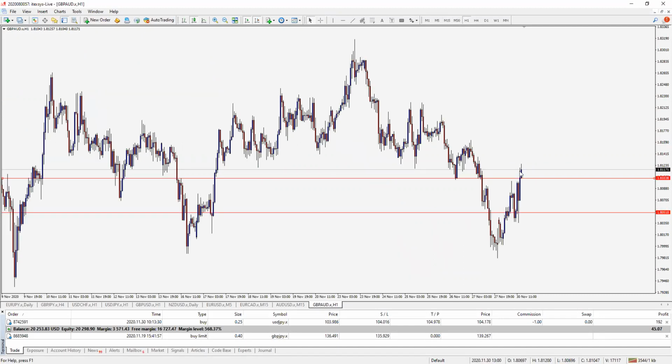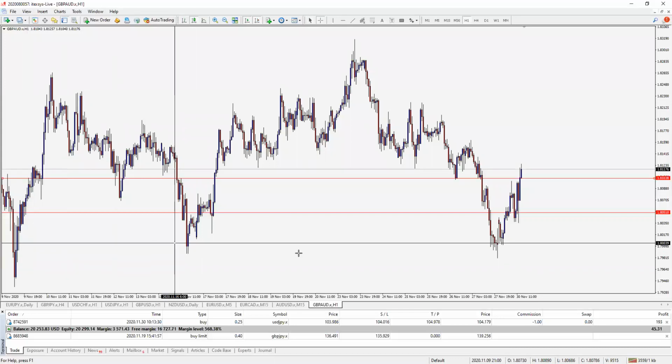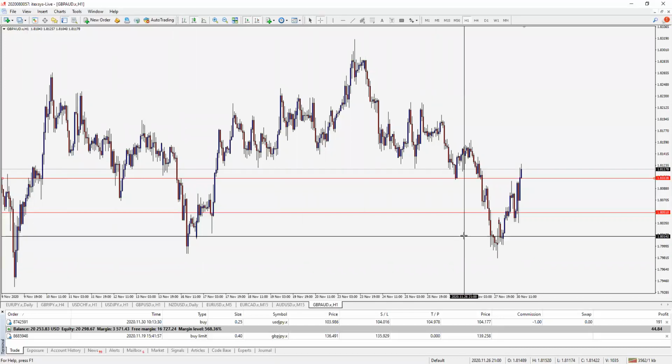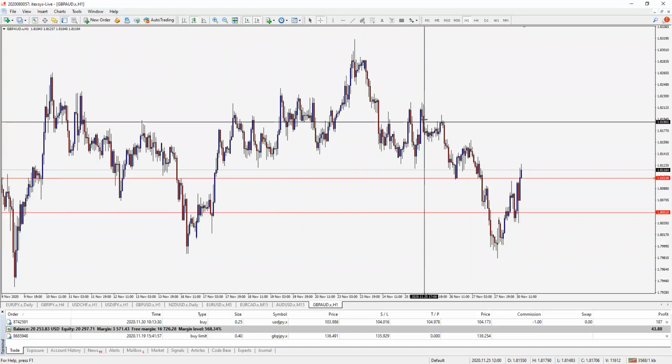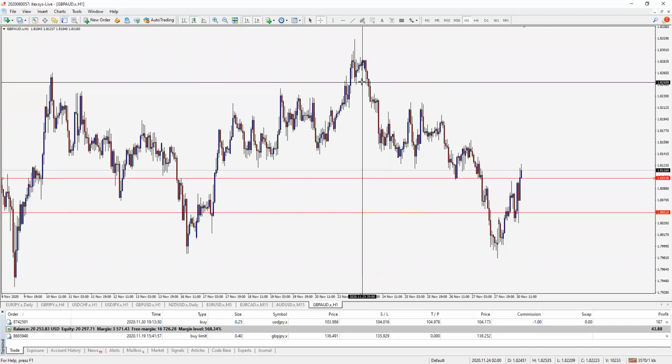So if I take a look down and left, looking for a demand, I don't see anything from the left because this is the same level as this. All this level seems like support, not a demand. And here above, everything seems like resistance.